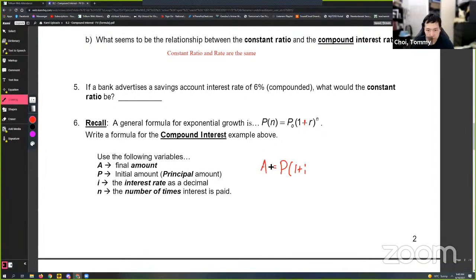The final amount equals the principal times 1 plus I, which is the interest rate, to the power of n. And so A is final amount, P is principal, I is the rate, and to the power of n. Some people don't like this because they're like, why do we have to use I? Can't we just use R as rate? Yeah, I don't mind if you use I or R. Both are fine.